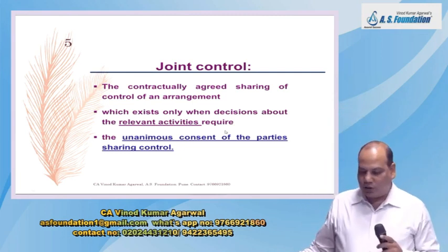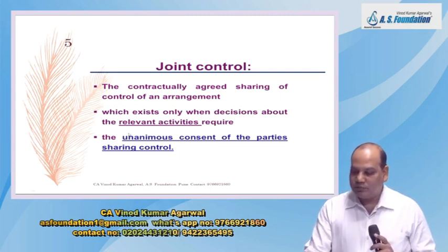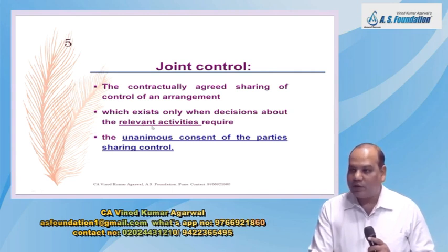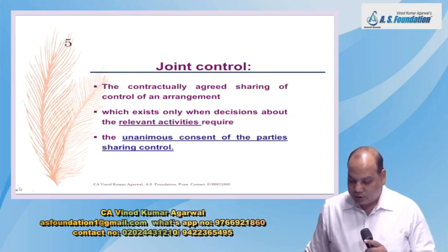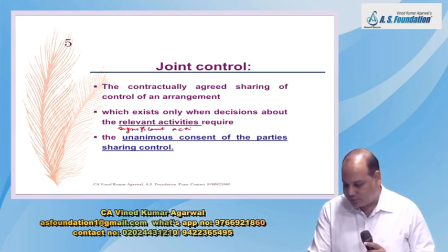For this standard to be applicable, this definition must be satisfied. That means there must be a contractual arrangement. The contractual arrangement defines the control of each party. That means through the contract, they have decided who will have what power. This control will exist only if you can direct the relevant activities. And relevant activities means significant activities.